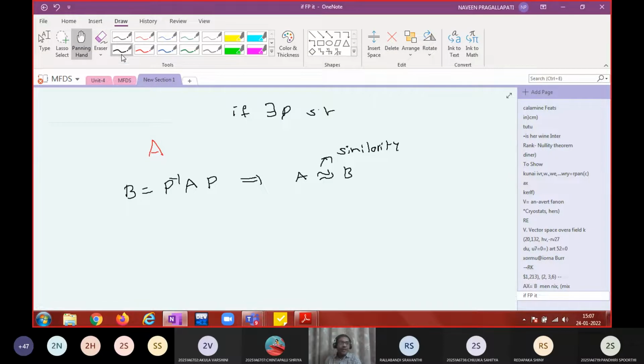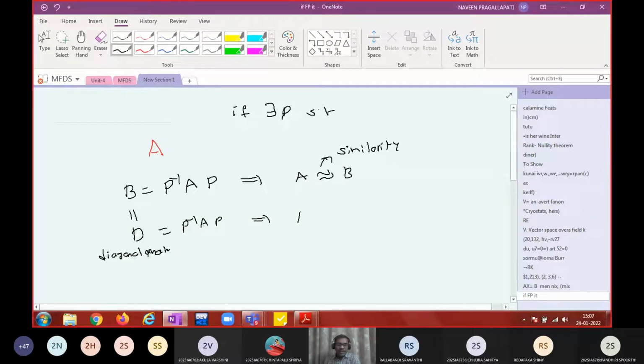And if this B turns out to be a diagonal matrix, that means P inverse AP is diagonal for some P, then A is similar to a diagonal matrix.